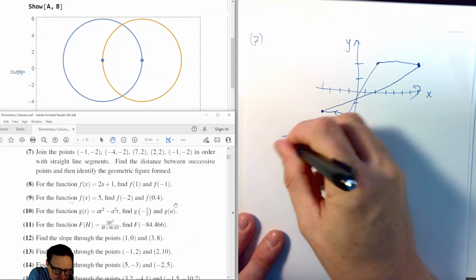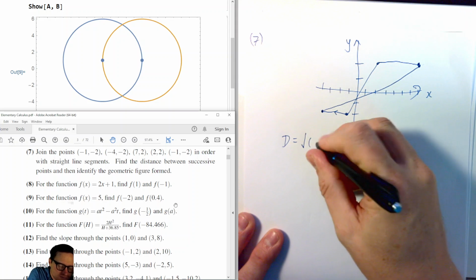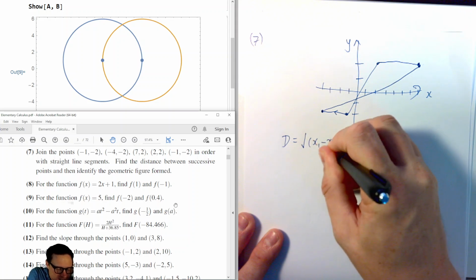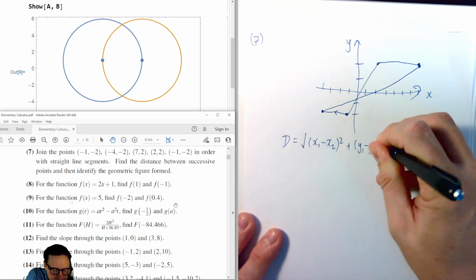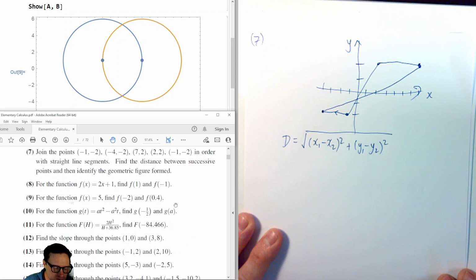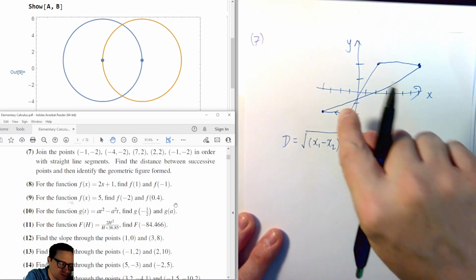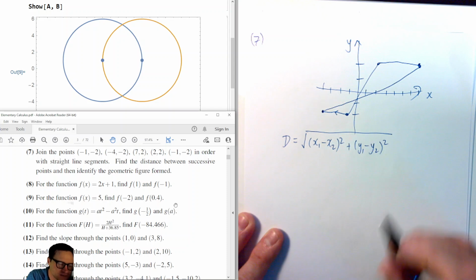Okay, so the distance formula is the square root of x1 minus x2 squared plus y1 minus y2 squared is the distance between the points P1 and P2. And so if we apply this here, since they have the same y-coordinate, this term vanishes.